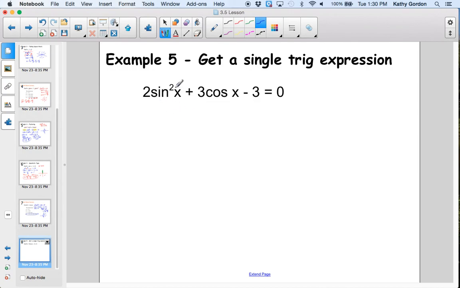And I have to go, well, instead of using sine squared here, what if I change that with 1 minus cosine squared? Then I can distribute the 2, I can combine what I can combine, and I get cosine squared, cosine, constant, and it's going to be a quadratic looking type problem, but now with all cosines rather than having different things.